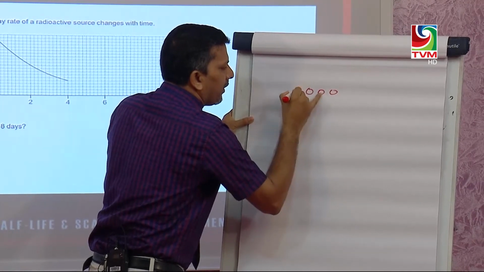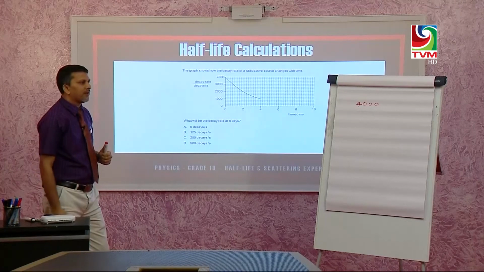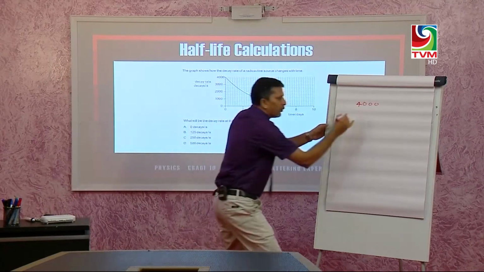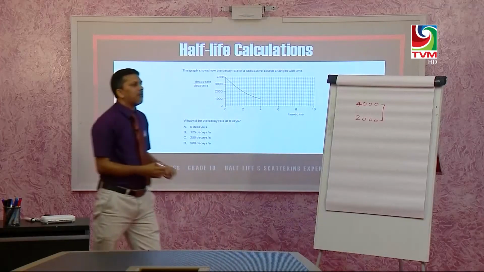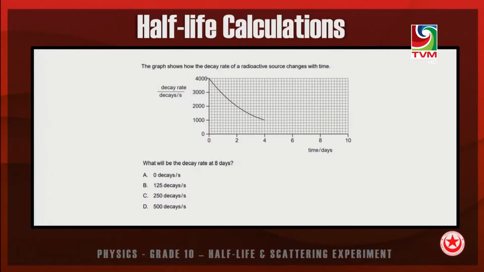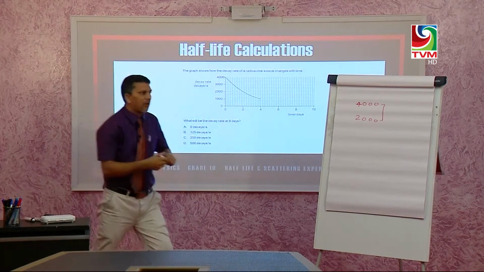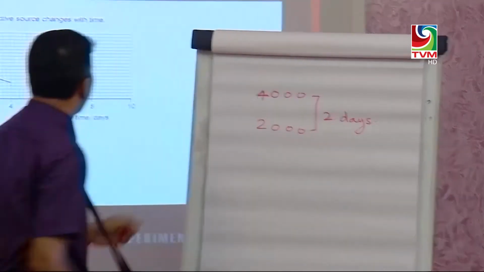Half of 4000 is 2000. So we can check how much time is taken to reach 2000. You can check from this graph, 4000 to 2000 takes 2 days. So the half-life is 2 days.